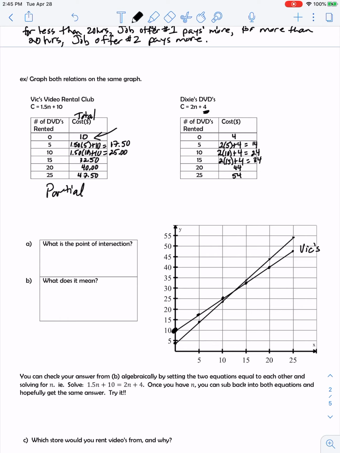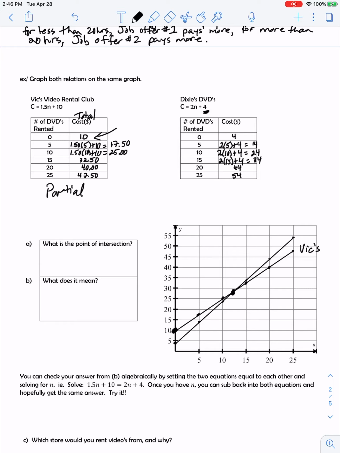And it looks like the point of intersection is right about here, which looks like it might be around $12. And I think that is actually right. Now, this is one of the downfalls to solving these systems by graphing.